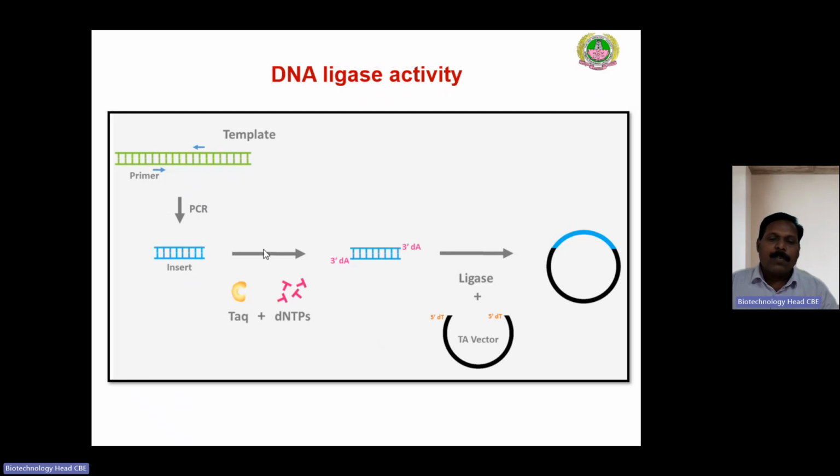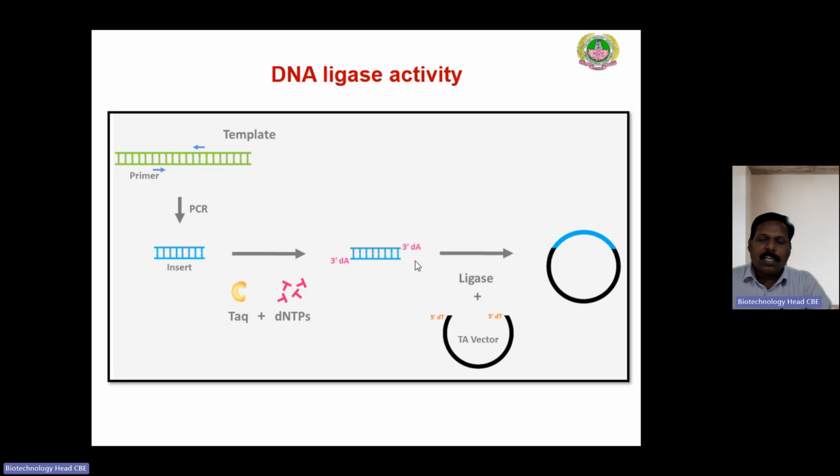For example, when we amplify the DNA fragment in a PCR system using the Taq DNA polymerase, at every cycle of reaction, the extension step, they generate the fragments with A tailing, addition of adenine residues in the 3' end. And when you choose a TA vector with a 5' T overhang, the T and A can pair together and perfectly make a ligation reaction possible. And they can be fused together.